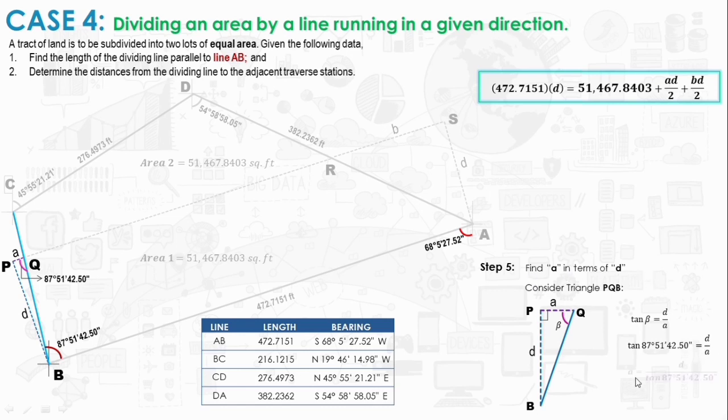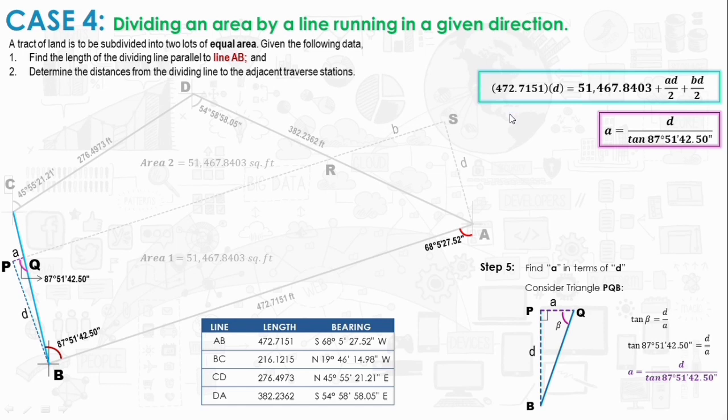So, A is equals to D over the tangent of 87 degrees, 51 minutes and 42.5 seconds. So, meron na tayong value ni A na in terms of D.